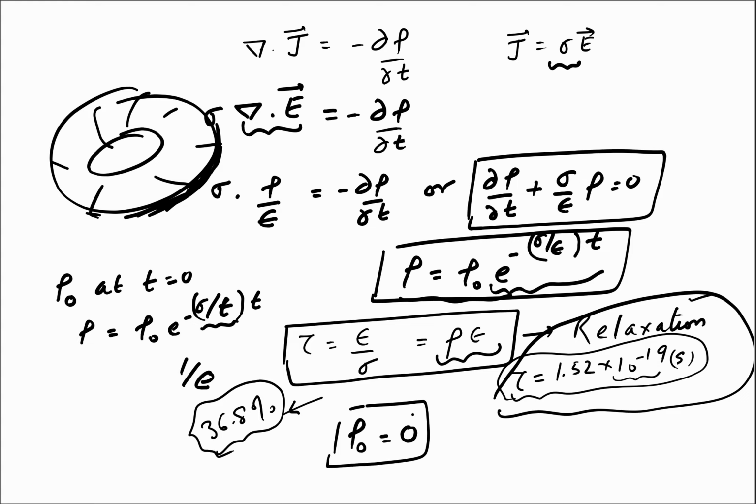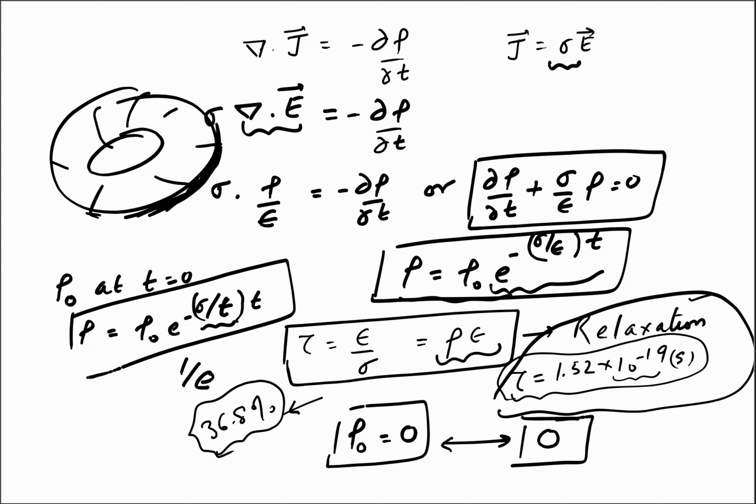It implies that if there was no charge already inside, then this charge density will always remain 0 at any given point of time. So if there was already no charge inside the conductor, then there cannot be a charge at any point of time inside the conductor, even if we consider current flowing through it.